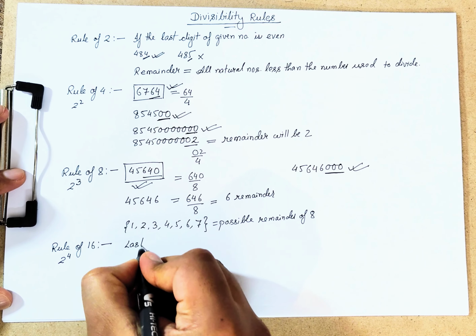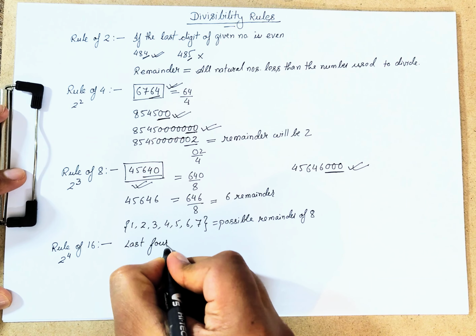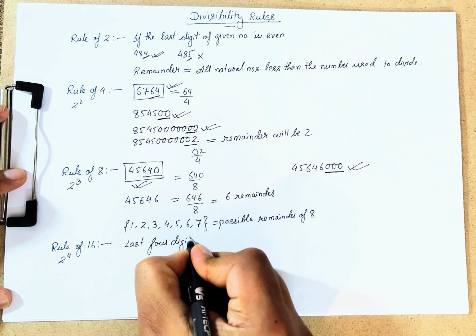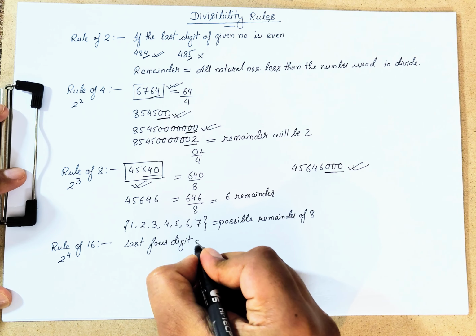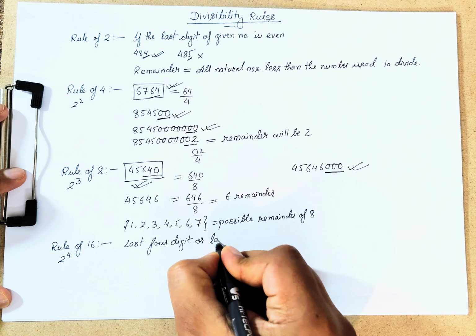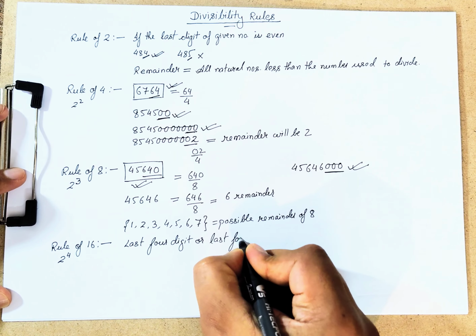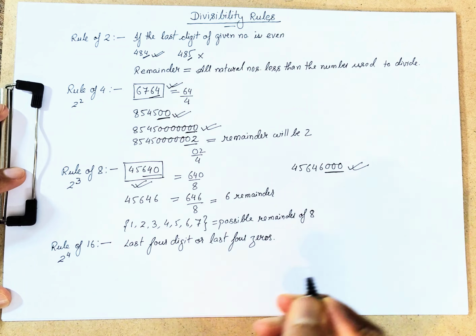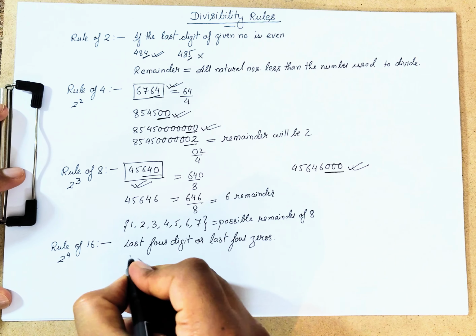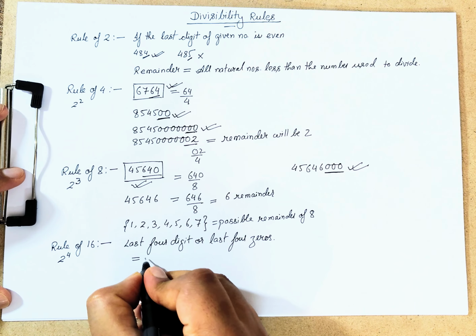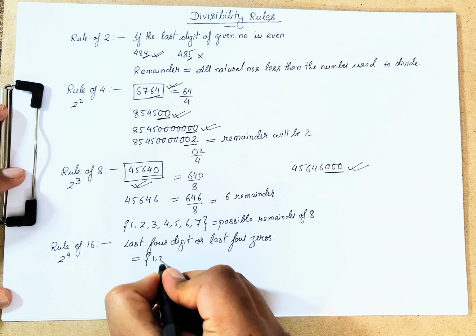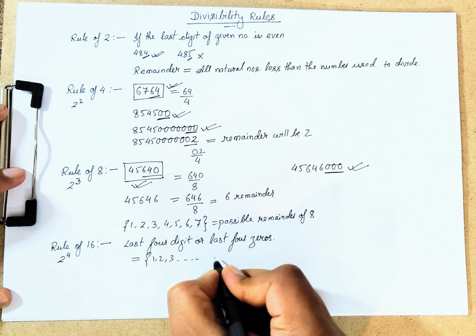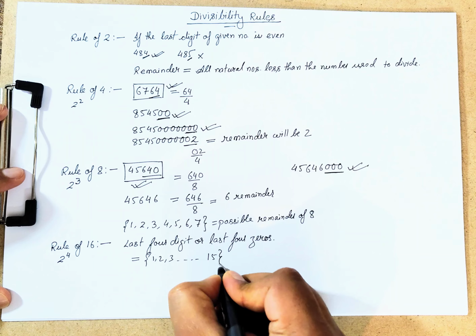So last 4 digits or last 4 zeros. Possible remainders are 1, 2, 3 up till 15.